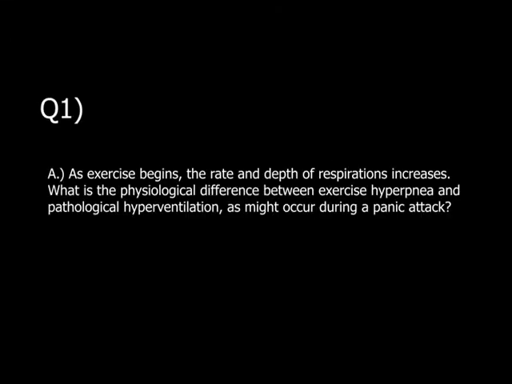Question 1, Part A asks, as exercise begins, the rate and depth of respiration increases. What is the physiological difference between exercise hyperpnea and pathological hyperventilation as might occur during a panic attack? Well, the difference is in the stimulation.